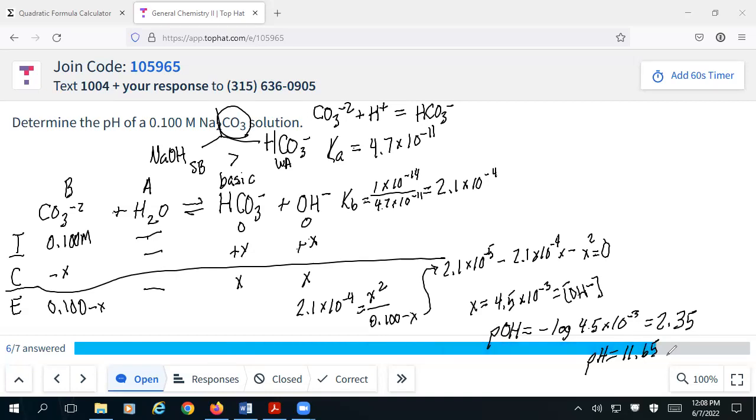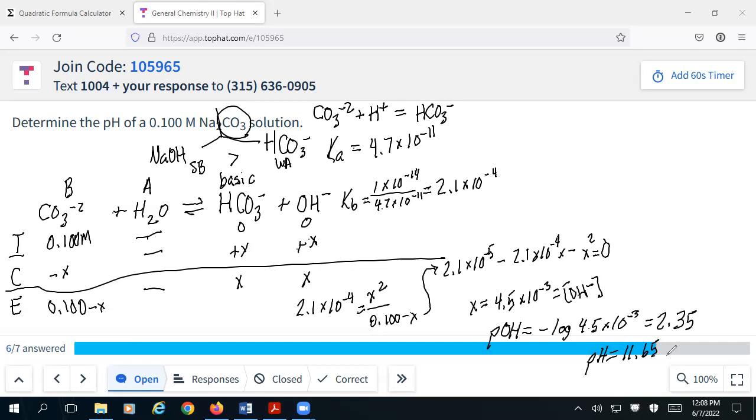All right, any questions with this last example? Yeah, Isha? We didn't do the carbonic acid because that's not where carbonate comes from. Remember, if we have polyprotic acids, they're going to lose their hydrogens step by step.